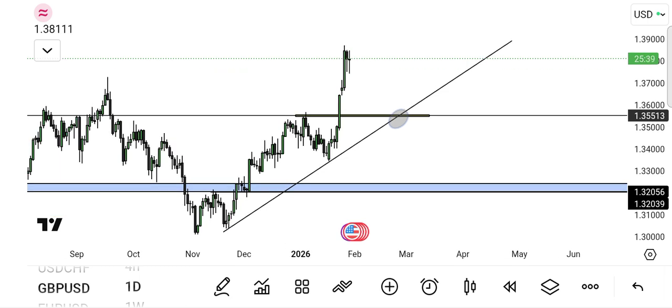The day you become a patient trader that always waits for a setup to mature, that is the day you can beat your chest and say that you are a forex trader. But if you don't have the ability to wait, then you are a gambler.